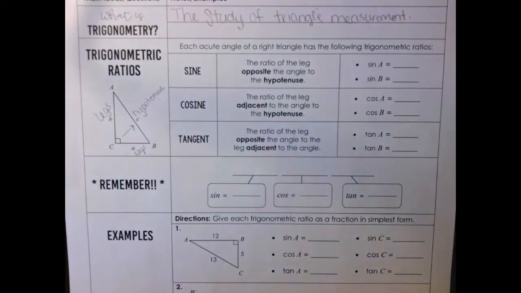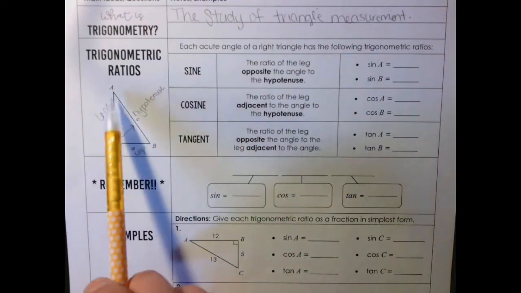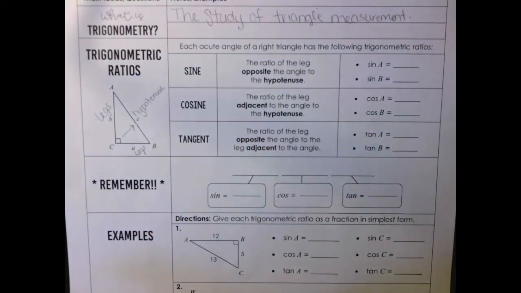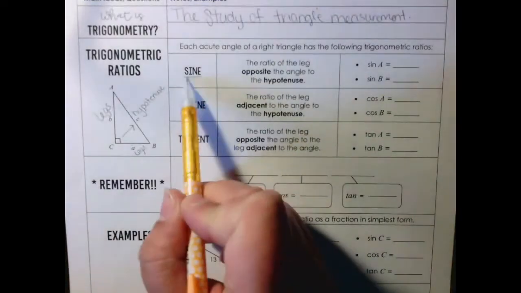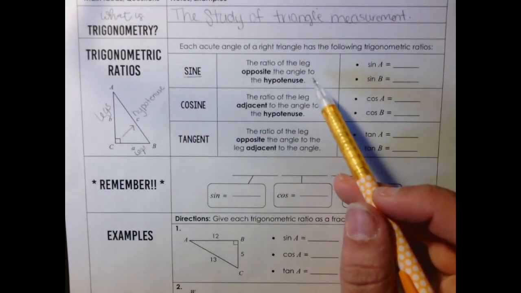So when we're looking at trigonometric ratios, each acute angle of a right triangle, so we have two acute angles, A and B, they're going to have the following trigonometric ratios. So we're going to first look at sine. Sine is the ratio of the leg opposite the angle to the hypotenuse.